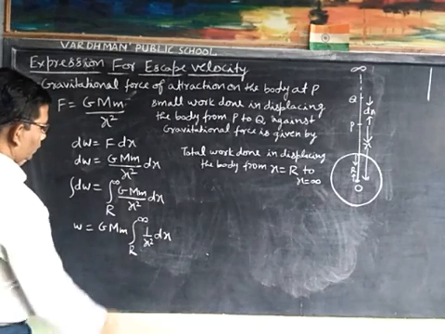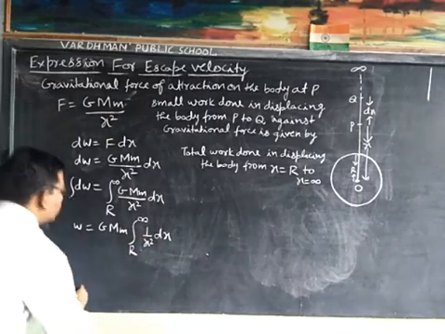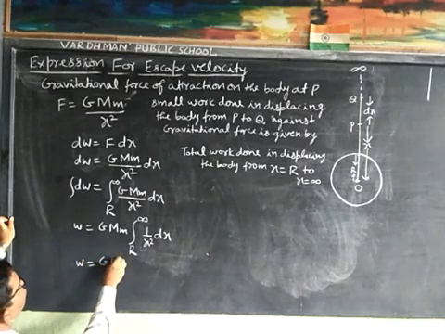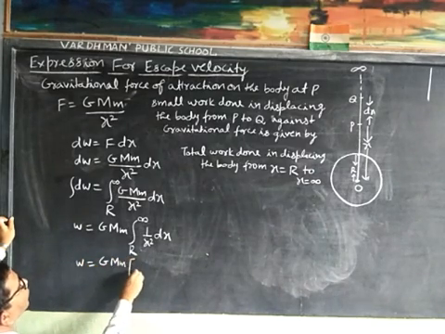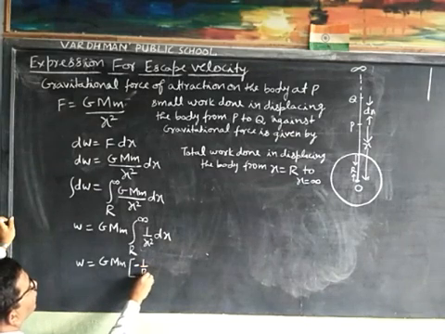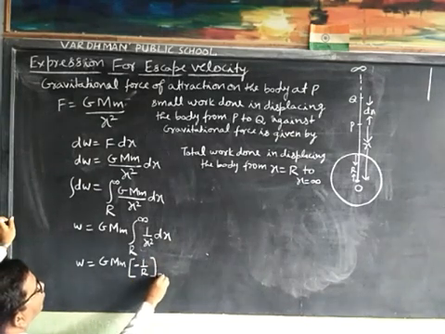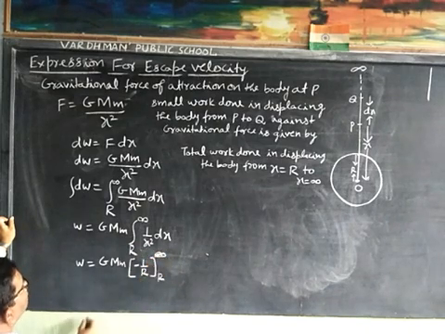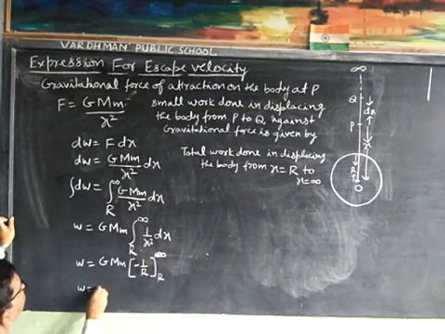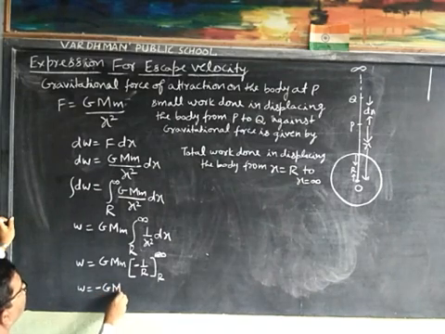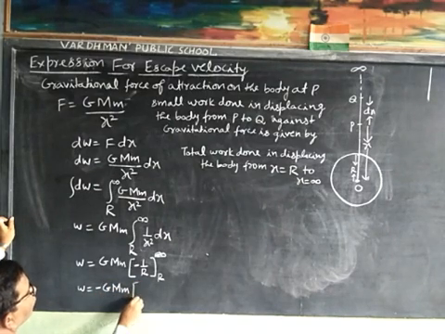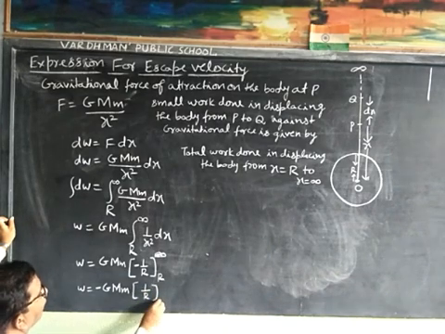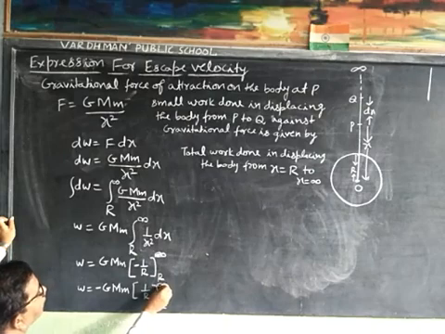We know integration of 1 upon x square is minus 1 upon x, so W is equal to minus GMm times 1 upon x from R to infinity.